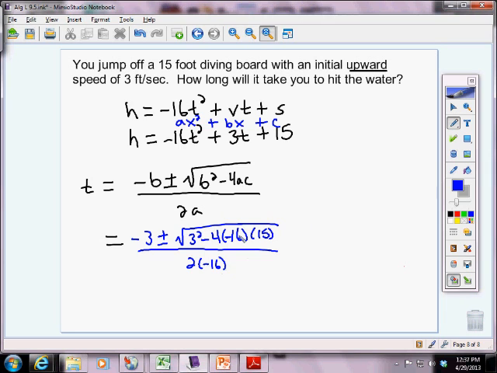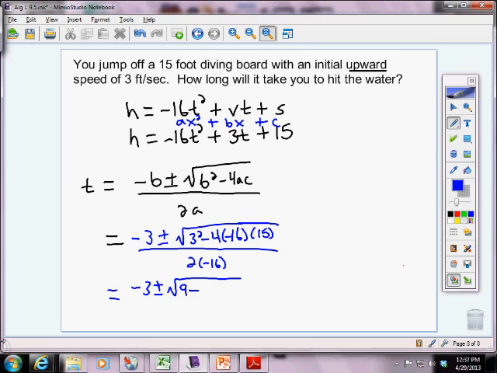Okay, so let's simplify what's under our radical sign here. 3 squared is 9. 4 times a negative 16 times 15 is a negative 960.